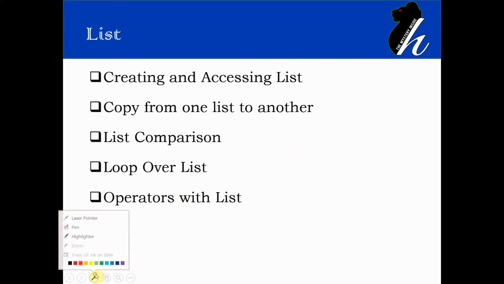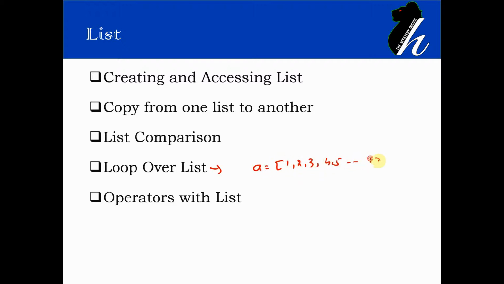Now let us try to understand how to perform some operation on each element of the list. For example, let's say I have A equals 1, 2, 3, 4, 5 up to 10, and I want to perform the sum of all elements of the list. How would I perform it?